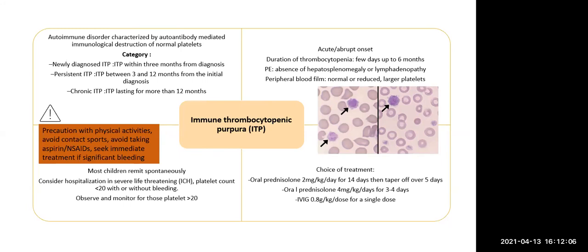We advise about physical activities and so on, but we forget there are other things happening in school. For example, one of my patients came in with ITP, and we discharged after 1 week, then admitted again with hemiparesis, because there's intracranial bleeding.